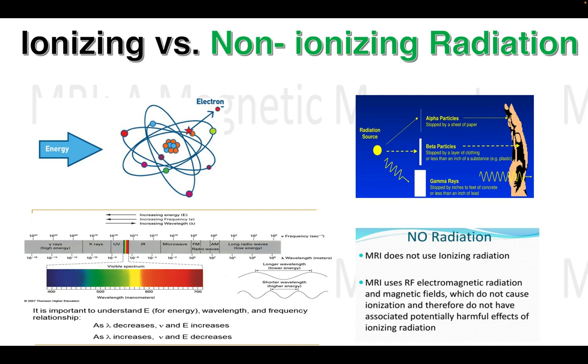So basically, ionizing radiation is radiation with enough energy that it removes tightly bound electrons from the orbit of an atom, causing that atom to become charged or ionized, with the ionizing radiation that can alter our DNA.